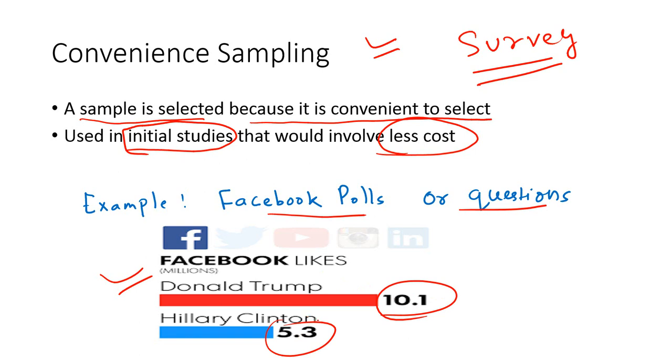And this is done within a group. Okay, it could be your friend circle, it could be a Facebook group or a WhatsApp group, or so on, or somebody doing a survey on Twitter, right? So that's convenience sampling.